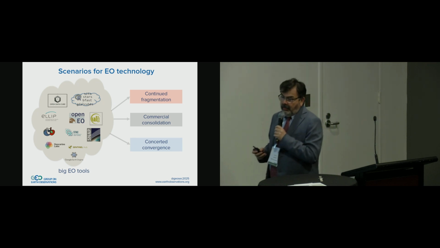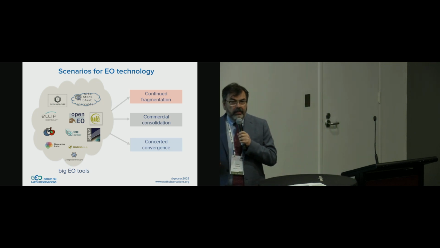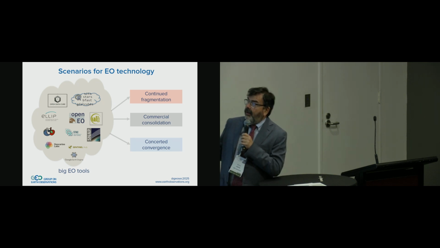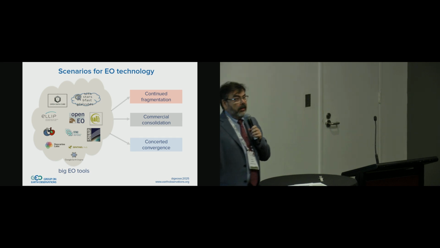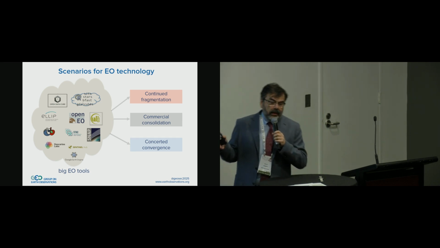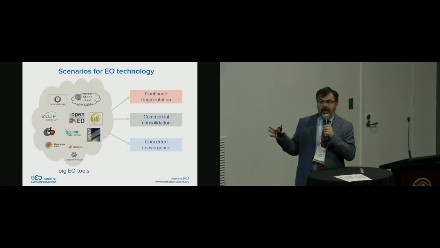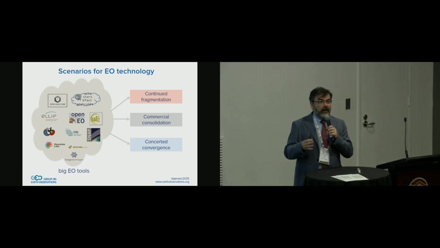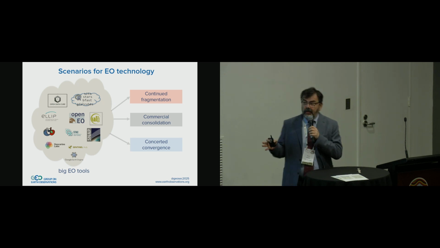So one could wonder what is going to happen in our world. Well, there are three scenarios. The scenario which I consider to be more unlikely is the continued fragmentation. This is not the tendency in Earth observation, because in IT, normally there is a concentration.